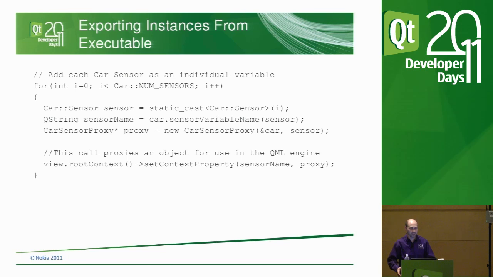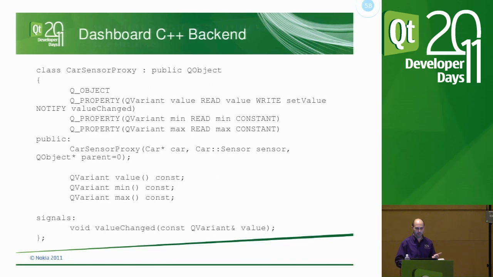So now magically, in my application, I have RPM, speed, fuel pressure, oil pressure. Not only that, but we can get oilPressure.minimum, oilPressure.maximum, oilPressure.value.